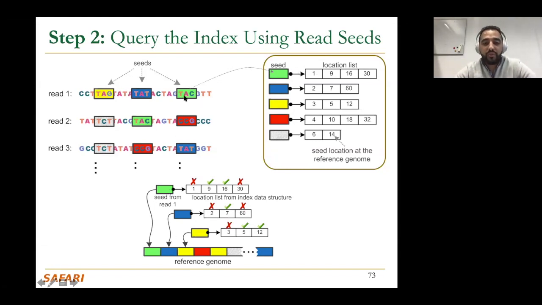So for the green one, if we query it in the hash table, then we get this list of locations. The green is located at 1, 9, 16, and 30. We do the same thing for the other pieces extracted from the read, for example, the blue piece and then the yellow piece. And for each one of them, we will get a very large list of locations. However, now it's very challenging.